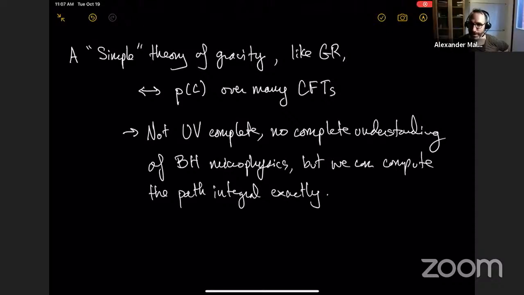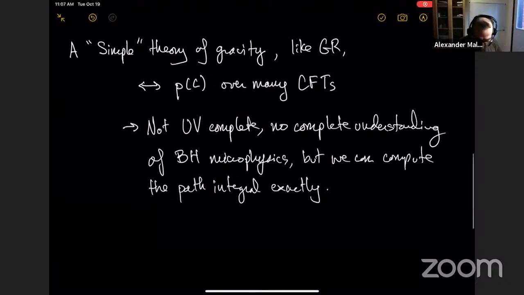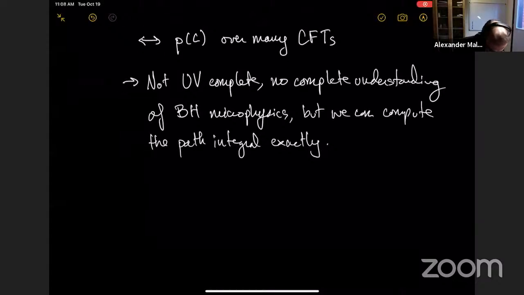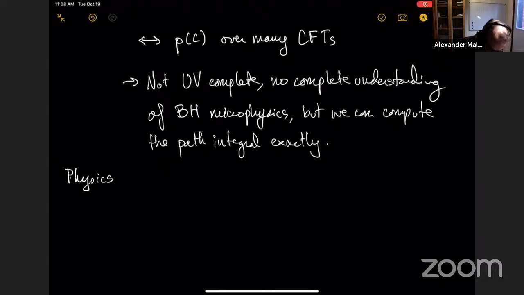Good, good question. So the point is that one of the characteristic features, and this is something that we'll get into in a minute, of these quote unquote simple theories of gravity is that they don't have a discrete spectrum. So for example, physics in AdS is like physics in a box.